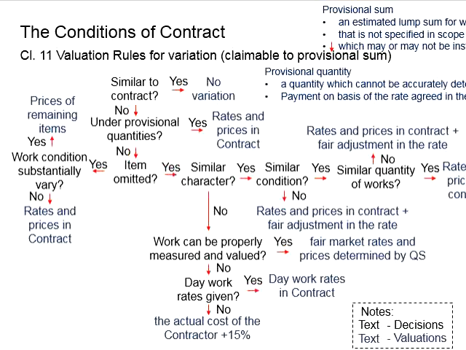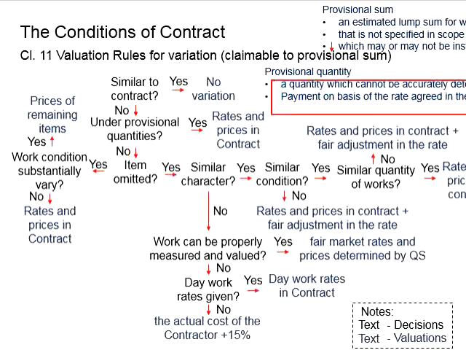Now we will need to decide whether it is claimable under the provisional sum or under the provisional quantities. The provisional quantity is normally related to certain works as already known, but its quantity cannot be accurately determined during the formation of the contract.